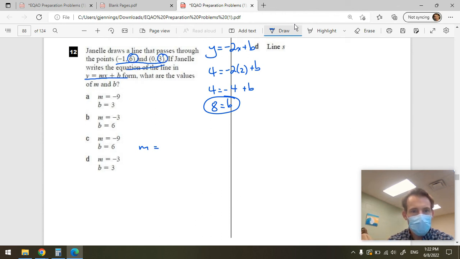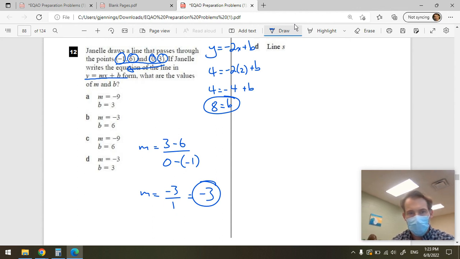If I'm going this direction, 3 minus 6 is the change in y. 0 minus 1 is the change in x. Then that gives me m is equal to negative 3 over 1, which is just negative 3. So m is negative 3. Now let's find b. b will be 3, actually.